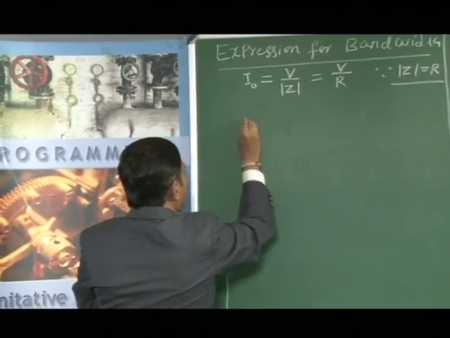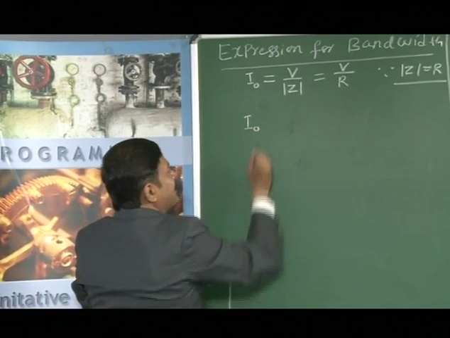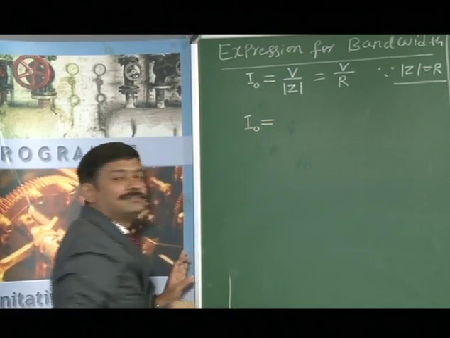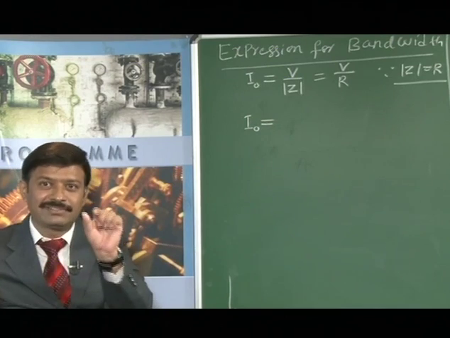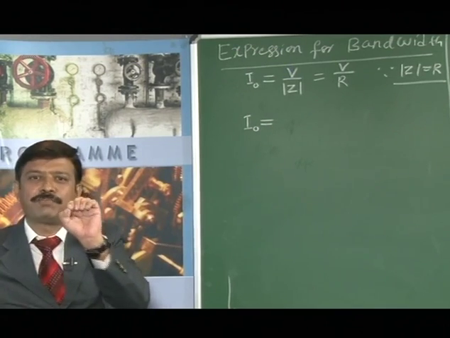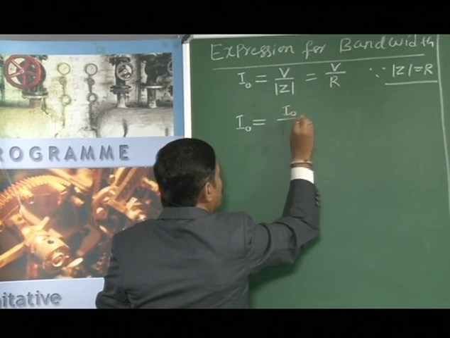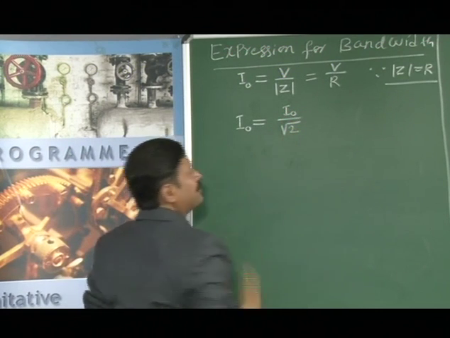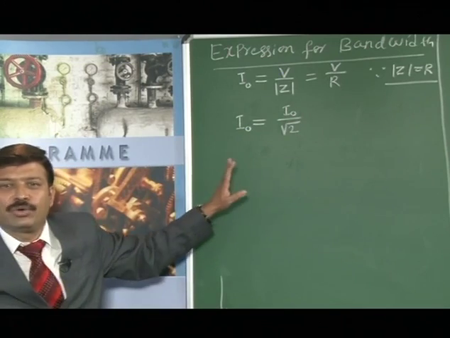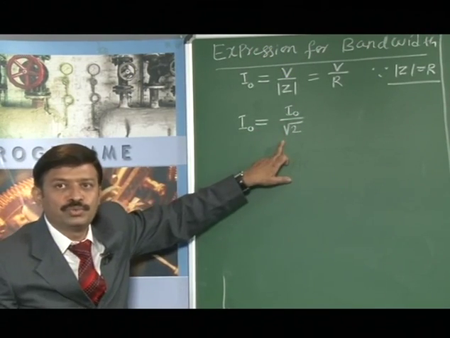Also, we know that the current at the minus 3 dB point, that is at half power point, is equal to I naught by root 2.